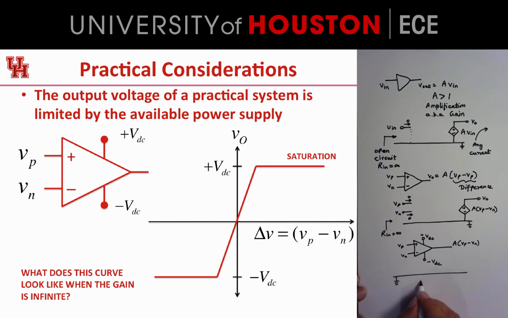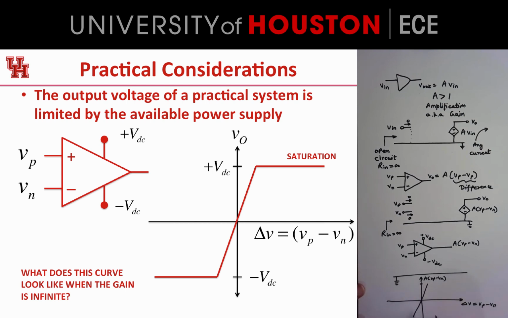So basically, if we describe this in input-output terms, the input is delta V, where delta V is Vp minus Vn, and the output is A times Vp minus Vn. For a small difference, it'll behave quite linearly like that. If the difference is positive, you'll get a positive output. If the difference is negative, you'll get a negative output.